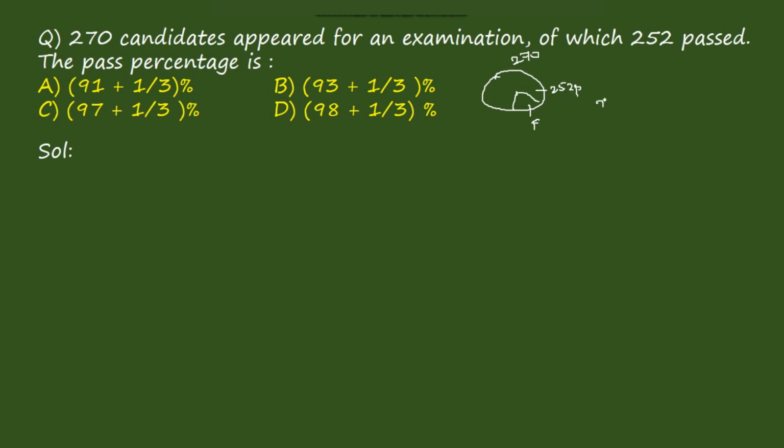As we know, x percentage of y we can consider as z. In terms of percentage, x percentage is equal to z by y into 100. z is 252, y is 270. Just substitute the values: 252 by 270 into 100.